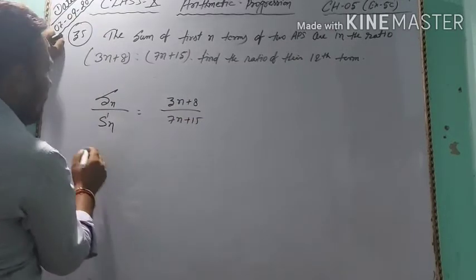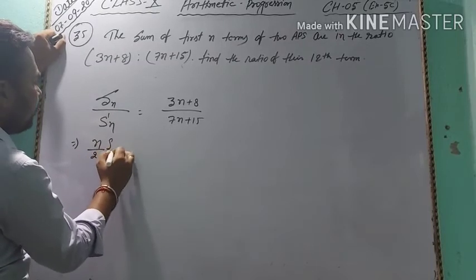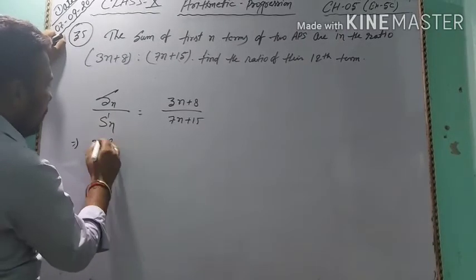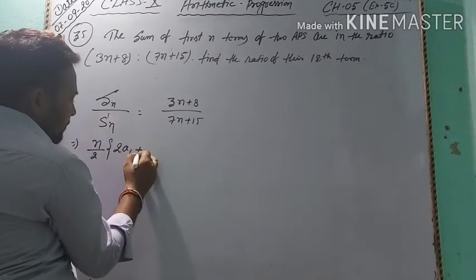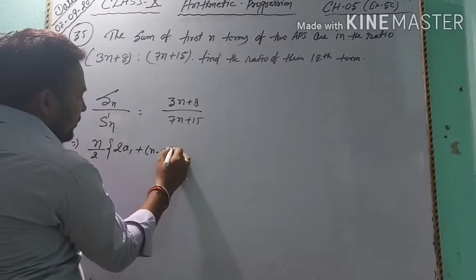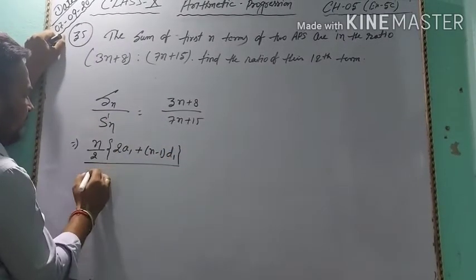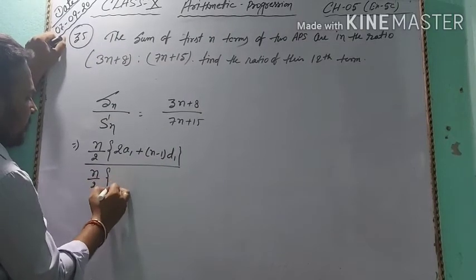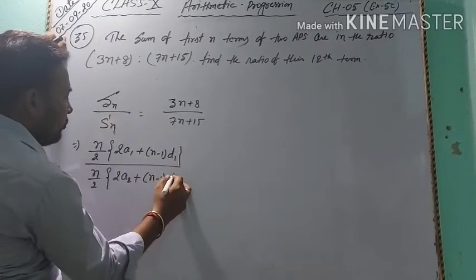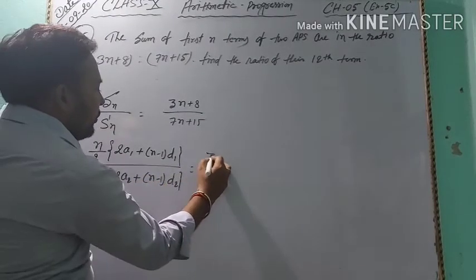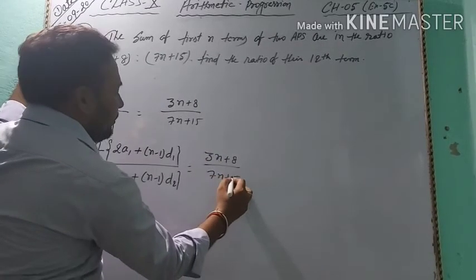Students, Sn equals n by 2 into 2a1 plus n minus 1 d1, divided by S dash n equals n by 2 into 2a2 plus n minus 1 into d2, equal to 3n plus 8 by 7n plus 15.